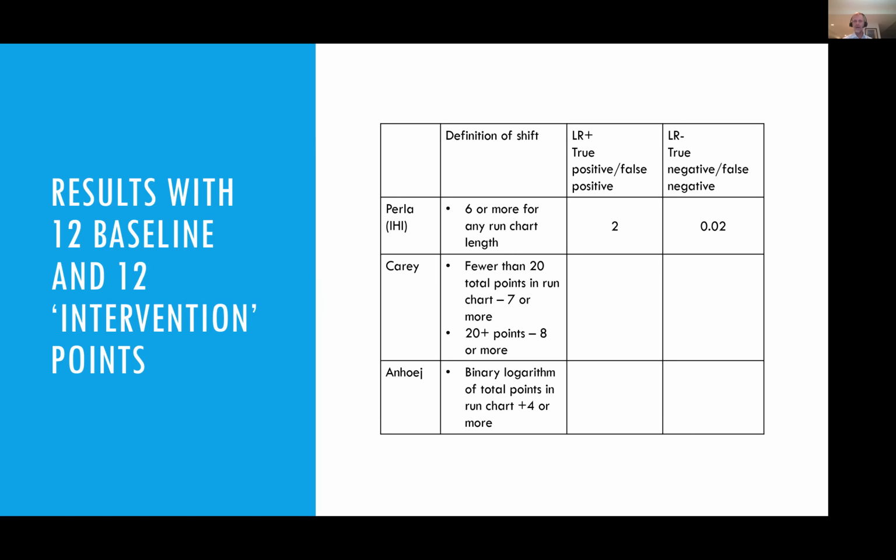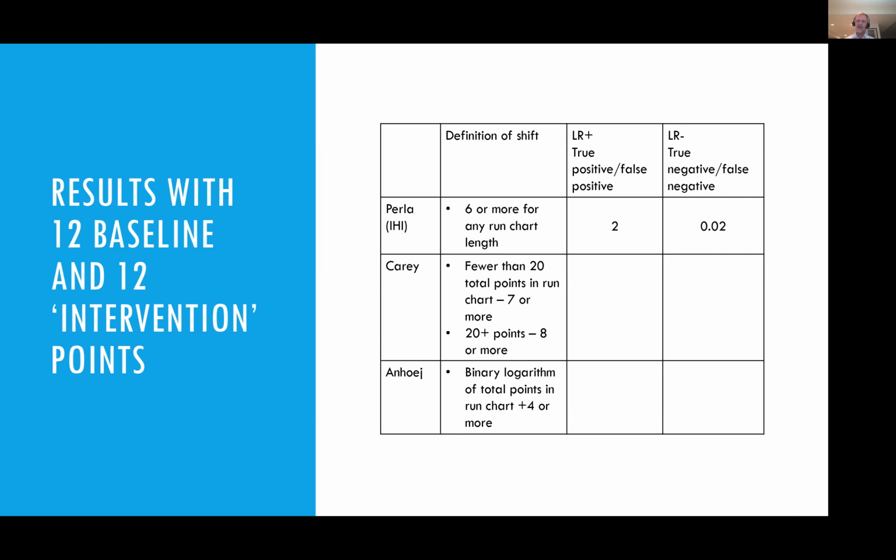So a quick rule of thumb for likelihood ratios is for a positive likelihood ratio, you would like the test to be more than 10, okay? And you would like the negative likelihood ratio to be less than 0.1, right? So a positive likelihood ratio of 10 means that for every 10 real positive results, you're only going to get 1 false positive.